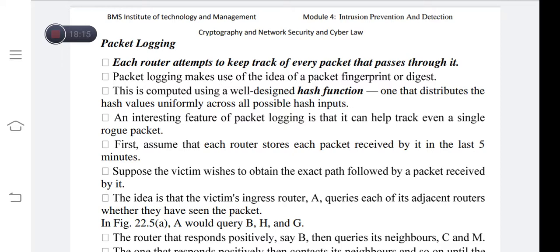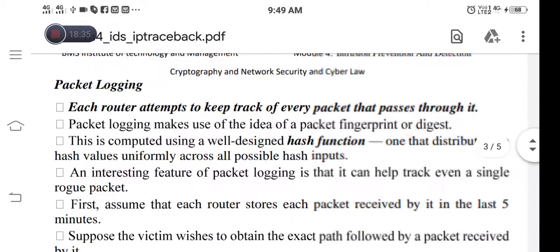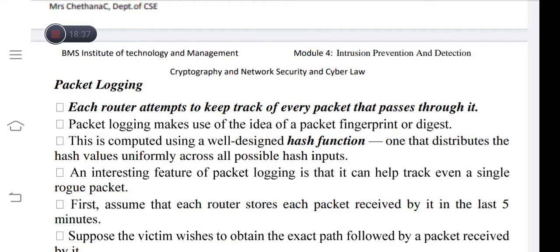The packet logging makes use of the idea of a packet fingerprint or digest. In the probabilistic packet marking, the fingerprint of the router was used. In the packet logging, we are going to make use of a packet fingerprint or a digest. How to obtain the packet fingerprint or the digest?